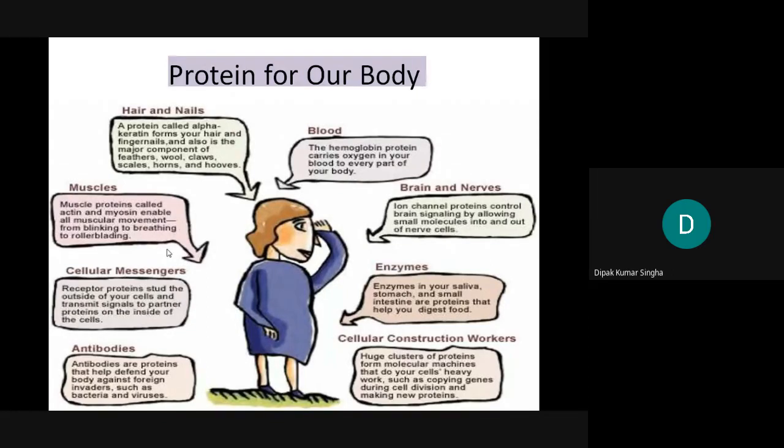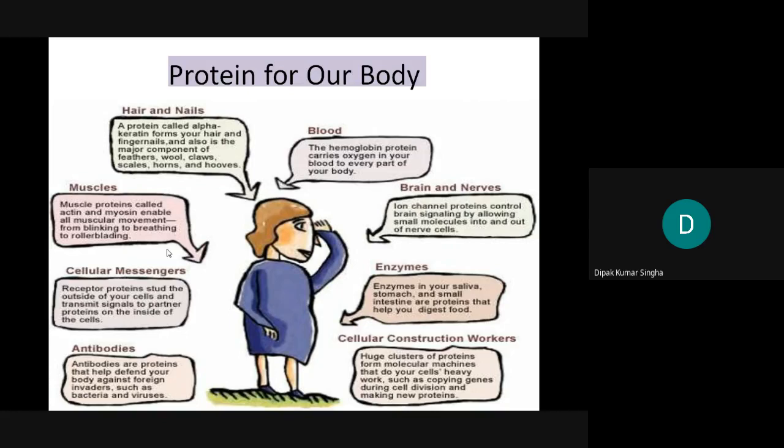Another are the cellular construction workers, the huge clusters of proteins, the different types of hormones, molecules, and receptors. These are also composed of proteins. Another is muscle. All muscle must be composed of proteins: keratin, actin, myosin, light chain myosin are the basic components of muscle.